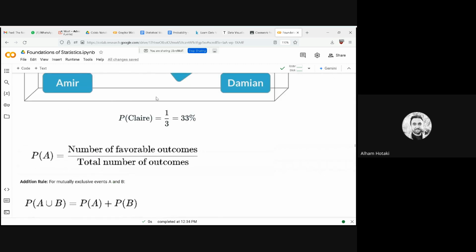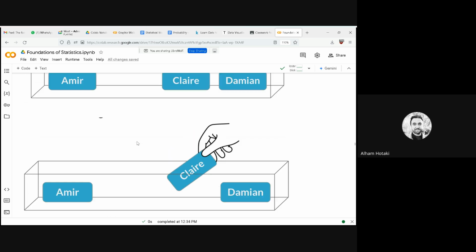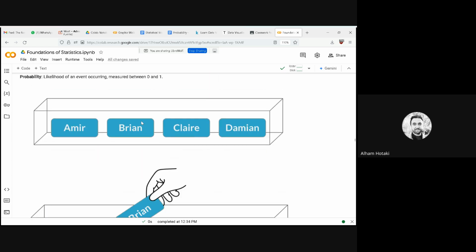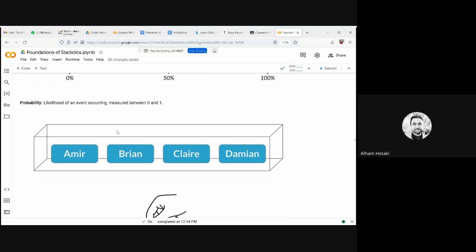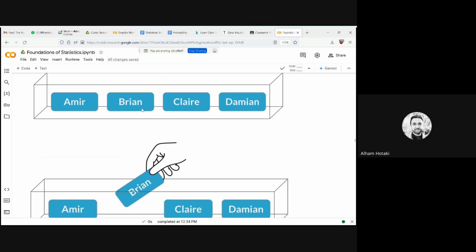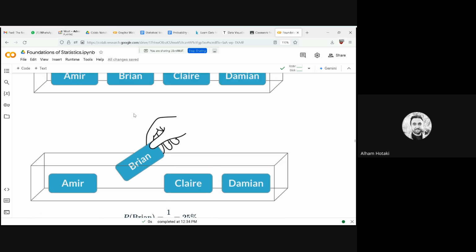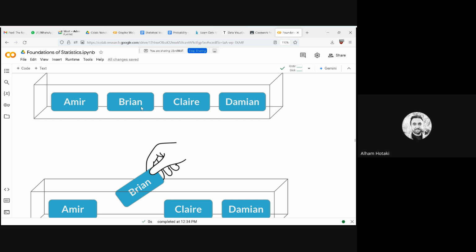Independent events, from this, these were dependent events. Whenever you were getting a sample without replacement, you're proceeding to the next event. So the outcome of the first event is affecting the outcome of the second event.